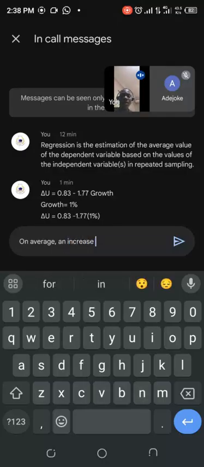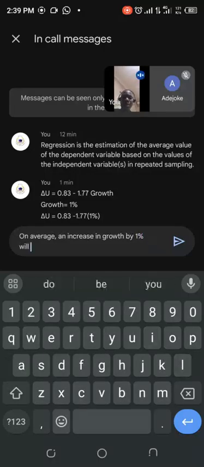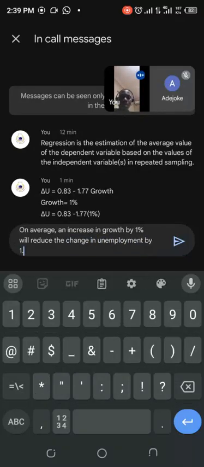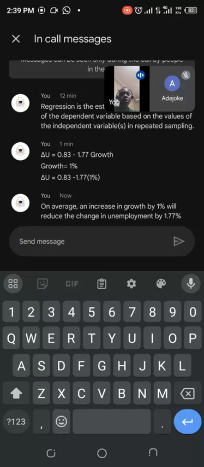So whenever you're interpreting, an increase in growth by 1% will reduce. Why are we using reduce? Torí minus tó wà níwájú 1.77 will reduce the change in unemployment by 1.77%. Since you already said will reduce, you don't need to say we reduce the change in unemployment by minus 1.77%.